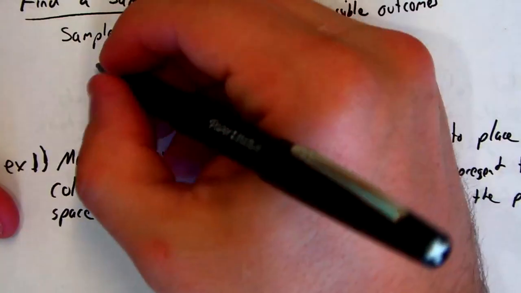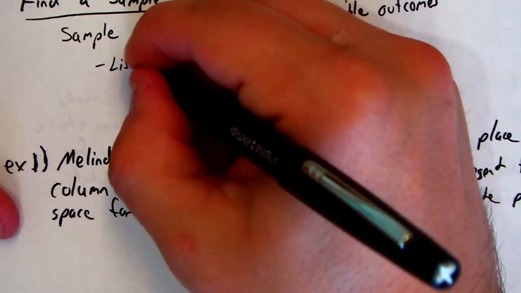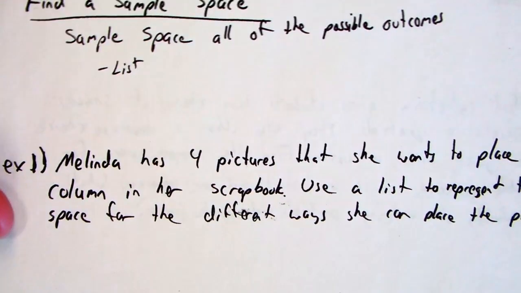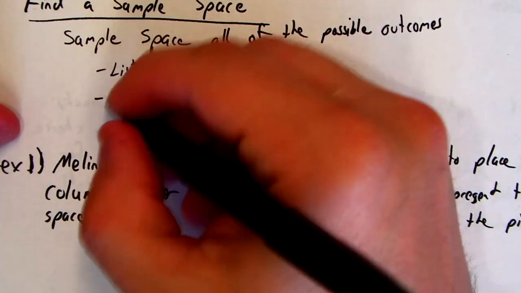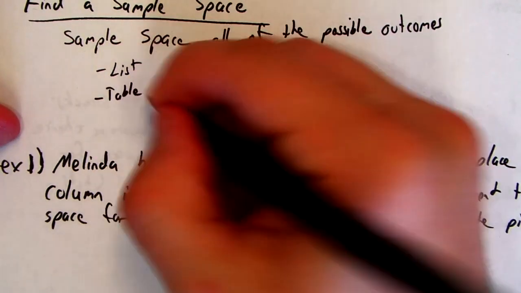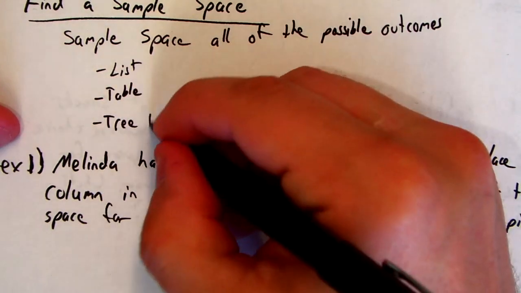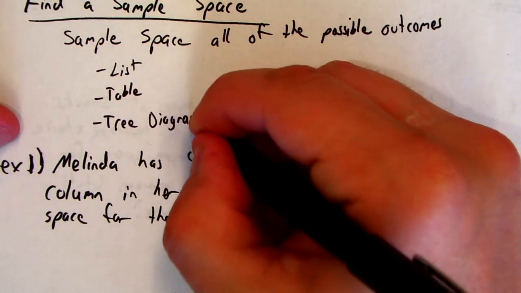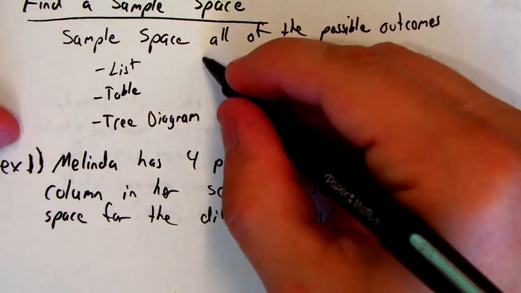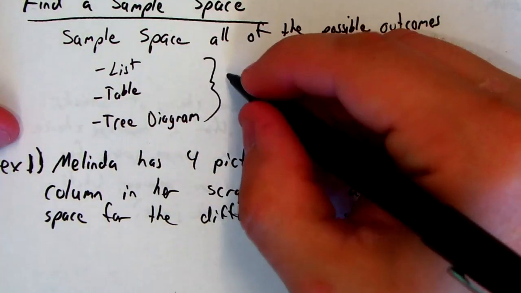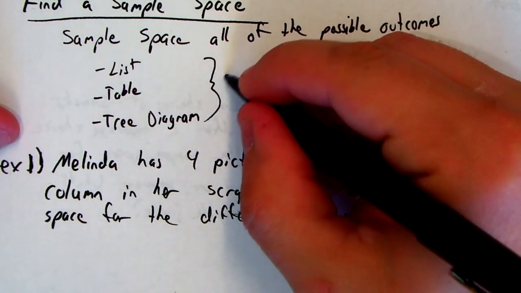We can either come up with a list, which depending on how many different options there are, is not a good idea. We can also do a table. We could also do something called a tree diagram. Now, all three of these work well with small numbers.